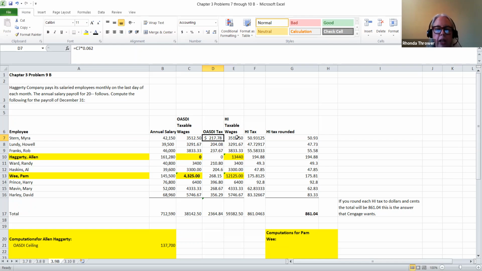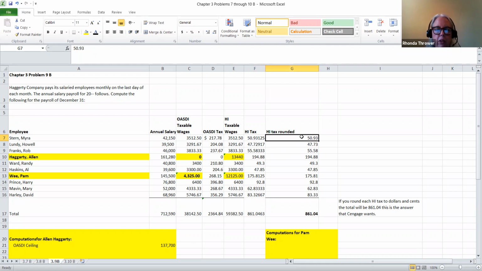The taxable HI wages, since they are not above $200,000 annually, are the total amount of the monthly wages. The monthly wages were $3,512.50. You would multiply that by 1.45% to get the HI tax.